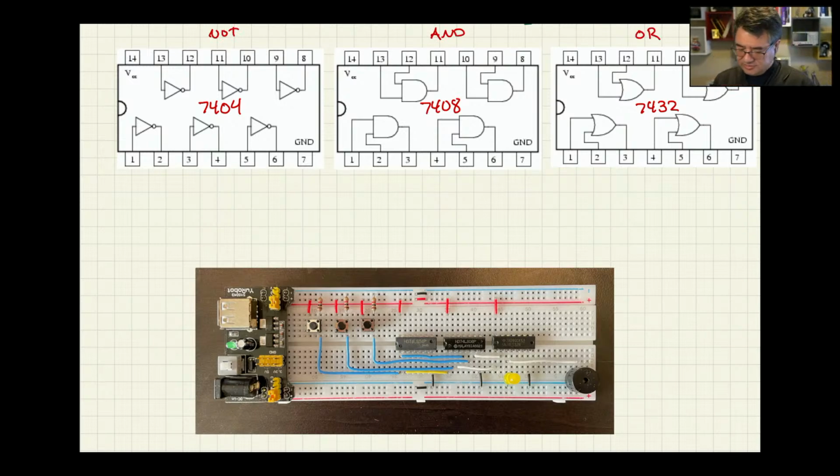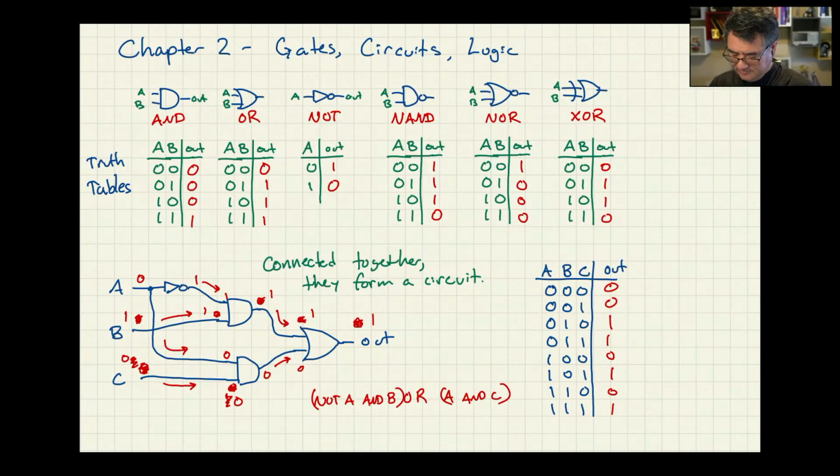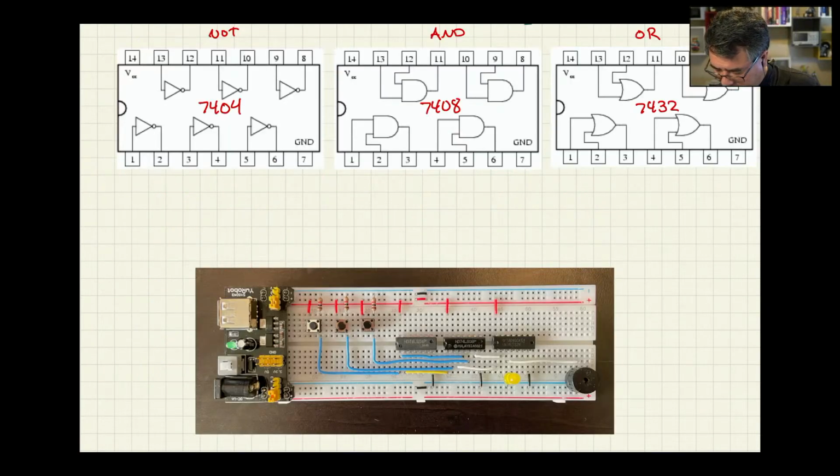So if we were to hook up the circuit the same way I did on this screen over here, then here's how I would do that. I would take input A and hook it up to one of these NOTs. And then the output of that NOT would go into one of these ANDs.